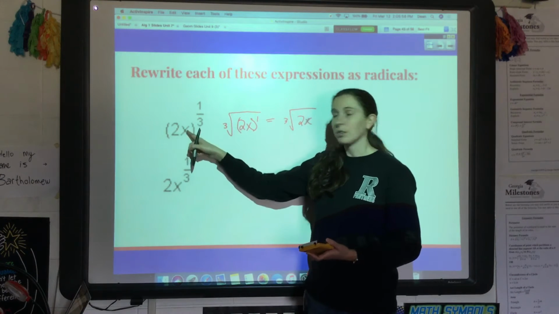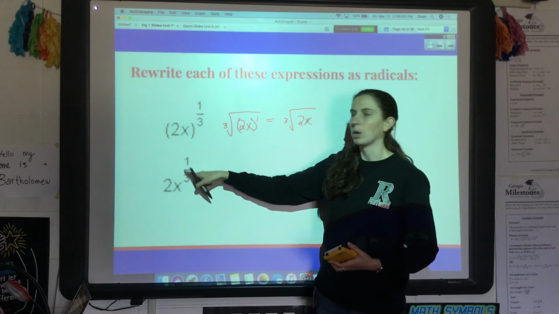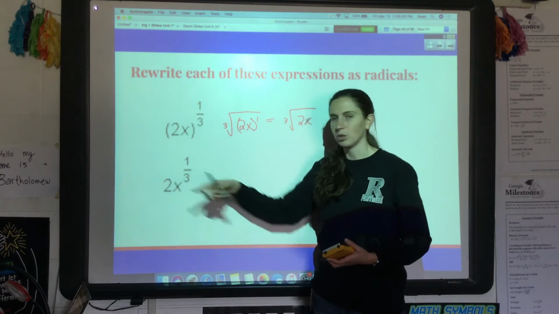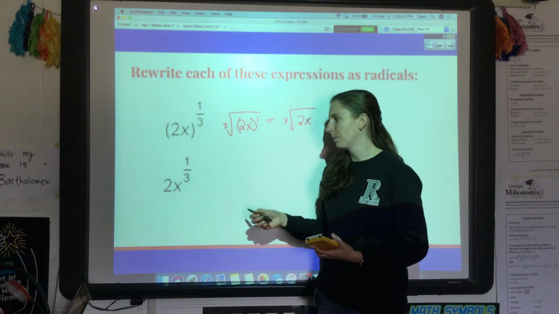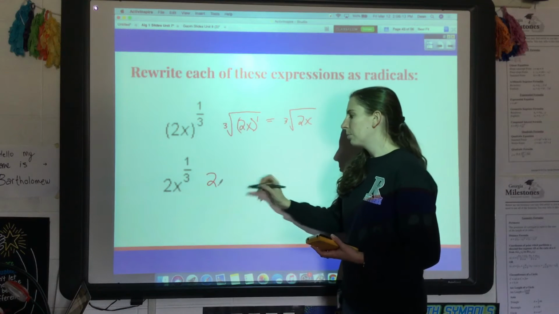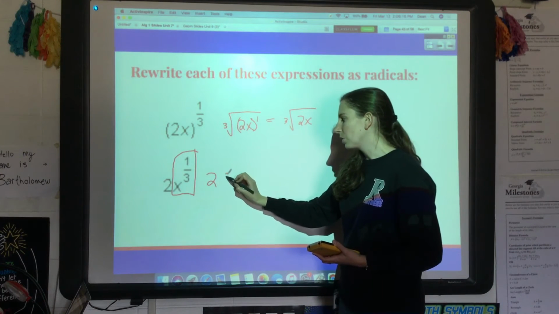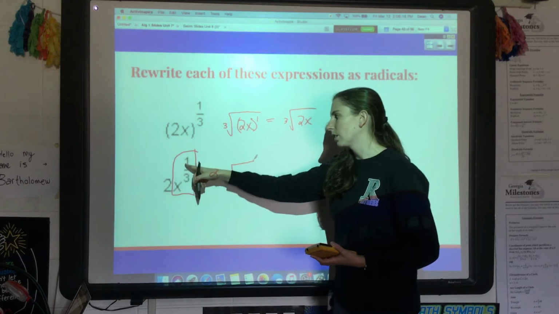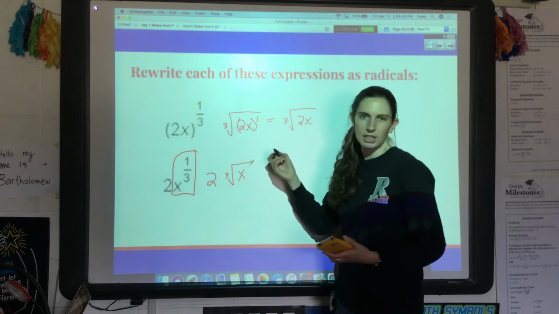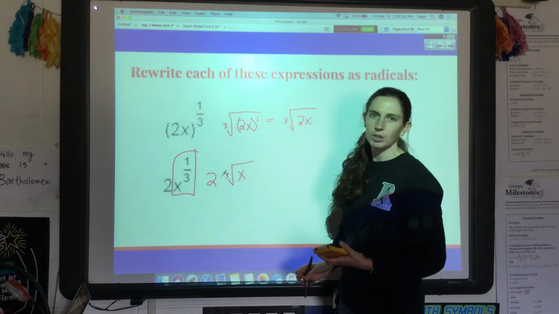However, this is different from what we just did. In this problem, only the x is to the 1/3 power, and then it's times 2 because of order of operations. So in this one, the 2 will just have to hang around outside, but when I rewrite this, I'm going to rewrite that as the cube root of x to the first power, which is just x. And so it's 2 times the cube root of x.